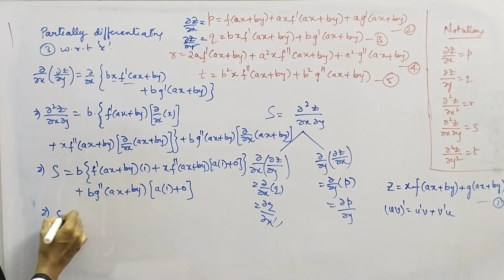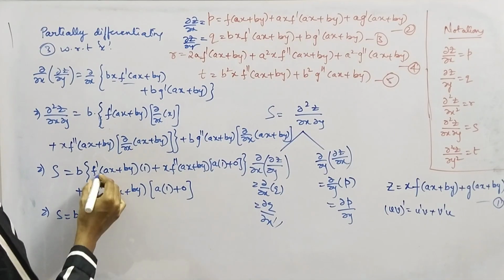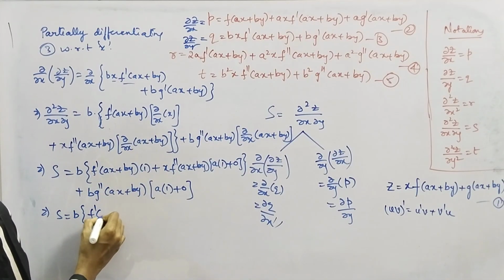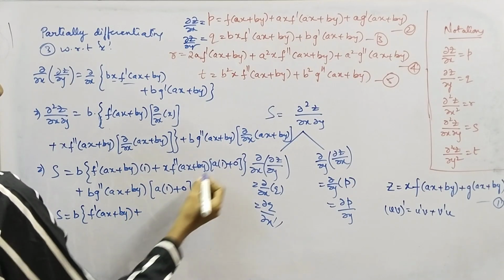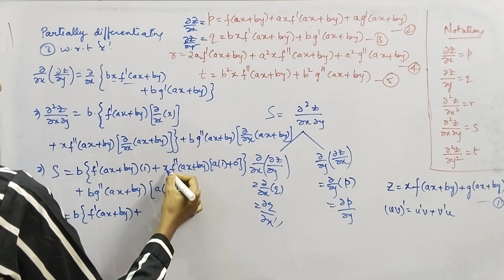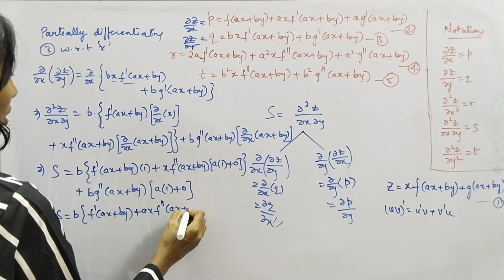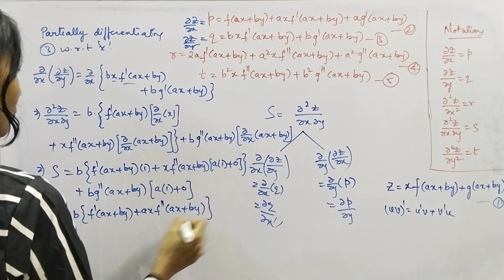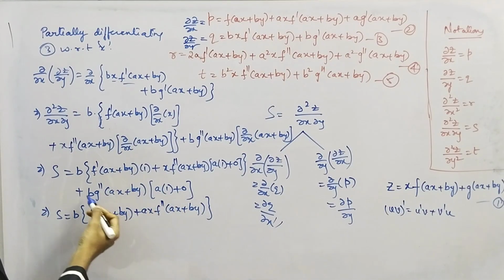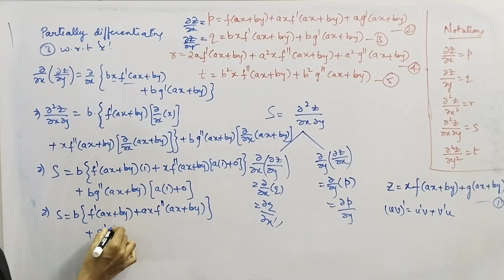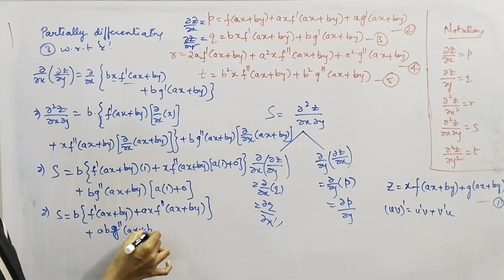Right, this gives us s equal to b times f', 1 times f' is f' of (ax+by), plus a into 1, a plus 0, a into x is ax into f'' of (ax+by), plus a into 1, a plus 0, a into b, ab g'' of (ax+by).